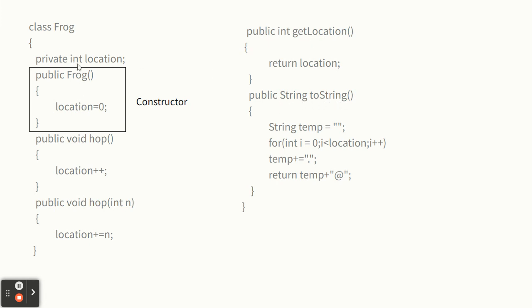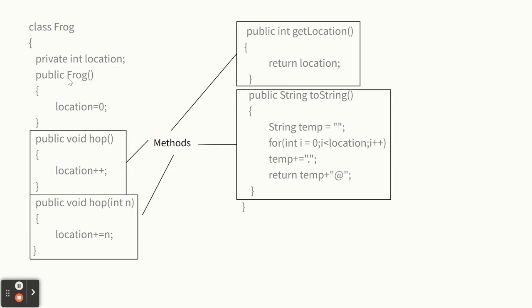There's only one that says frog, and notice it also doesn't say public void or public int or public string. It's just public and the name of the class. That's the constructor. So you can always find the constructor. These are methods. This class has one constructor, 4 methods, 1 variable, right? The little variable up there.